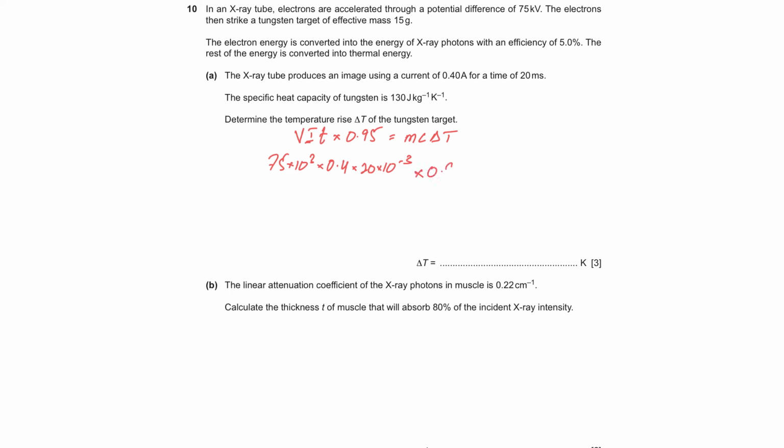Into 0.95, which is equal to m, the mass, which is 15 grams, convert that into kilograms, 15 into 10 to the power minus 3, times the specific heat capacity, 130 joules per kilogram per Kelvin. So whenever you get the value for specific heat capacity, always double check, because in some cases they'll give you the value as kilojoules per gram or kilojoules per kilogram or joules per gram.